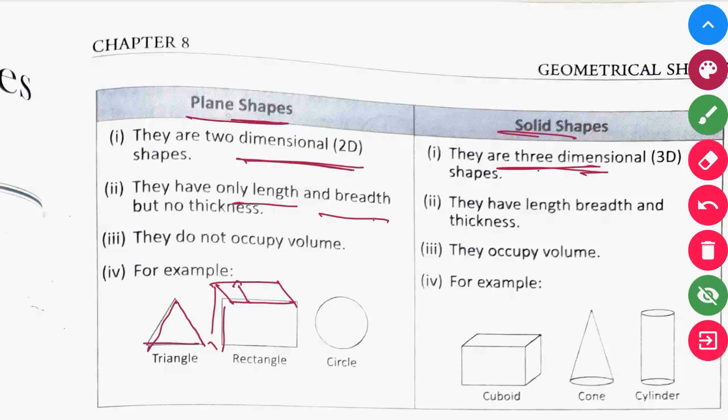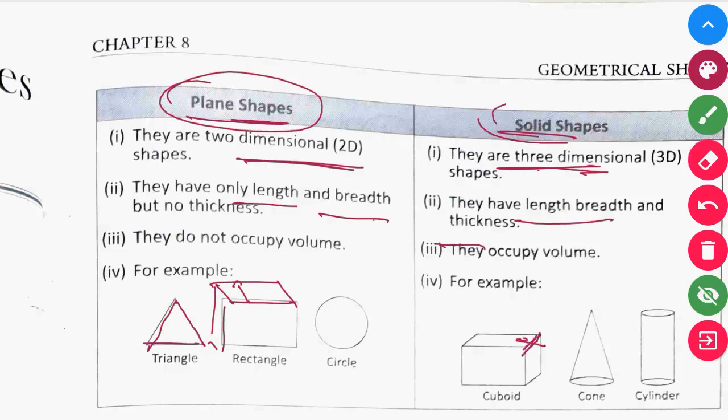We never see it when we draw any shape on plain paper, or when we see a two-dimensional figure, we only see its length and breadth. We cannot see its thickness. But when we talk about solid shapes, we can see the length, breadth as well as thickness.